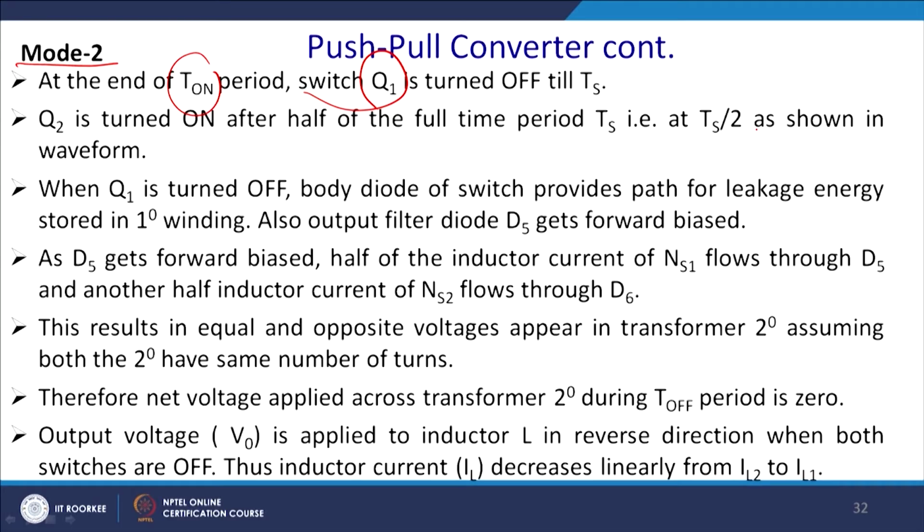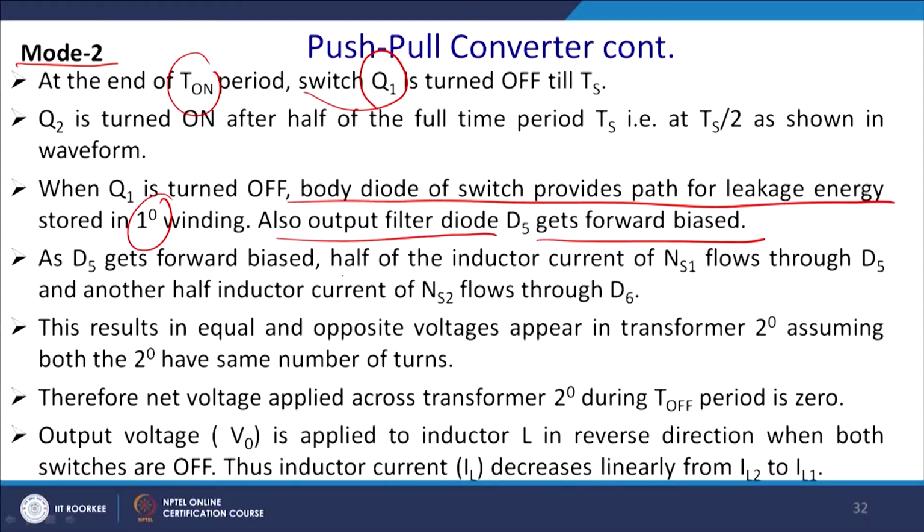When Q1 is off, the body diode of the switch provides a path for the leakage energy to flow. If you use another device instead of a MOSFET, you have to provide an anti-parallel diode path. Also, the output filter diode D5 gets forward biased.